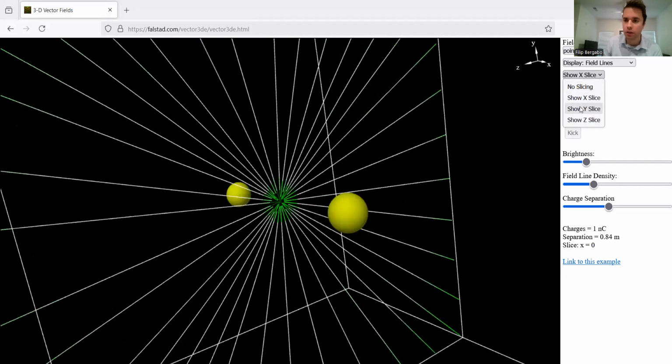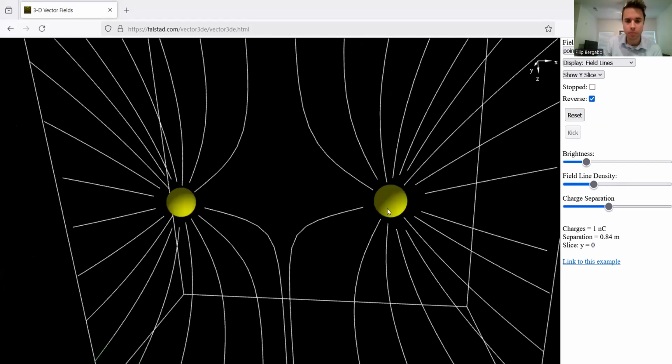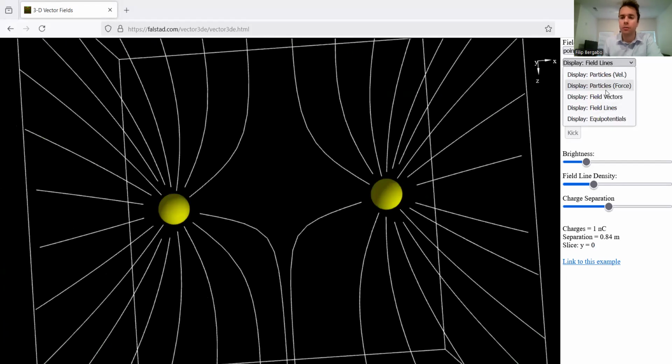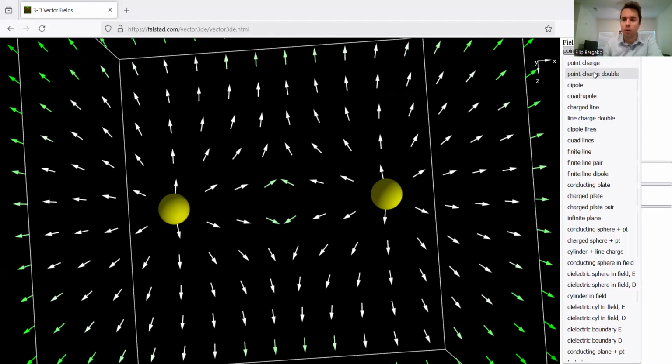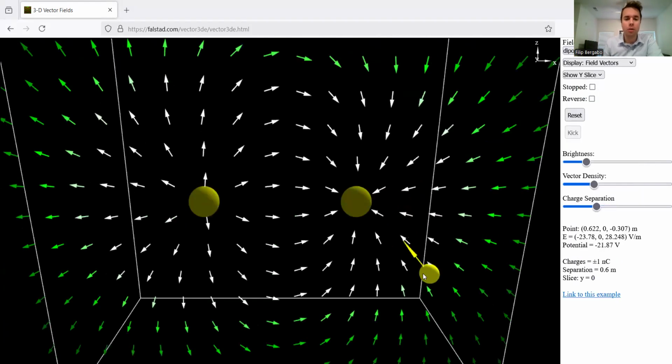I want to slice in the direction that contains both of them. Let me go back to field vectors for a second. Right, so here again, we still have two positives. So let's switch this now, not from this point charge down here, to this dipole. Let's not worry about the rest of these going all the way down. Let's go to the dipole.